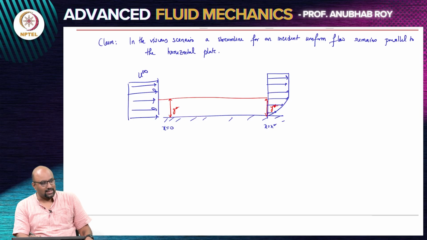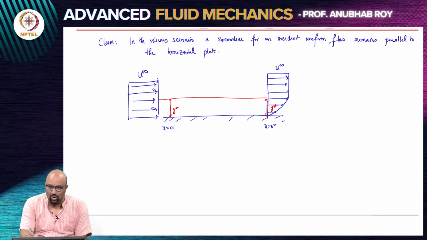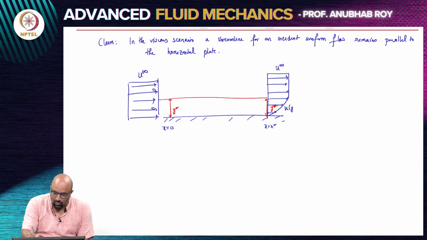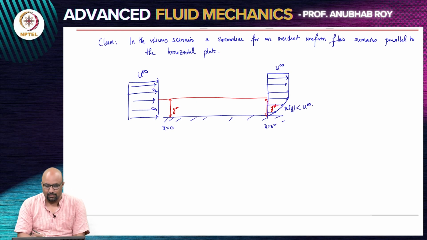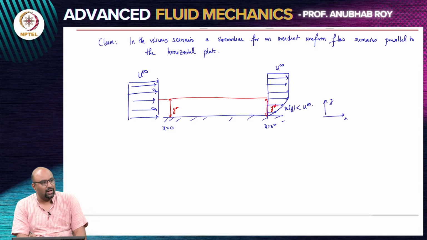So, at x equals x star, I have a velocity profile where far away from the plate it is u infinity, but close to the plate the u at some y is smaller than u infinity. If this is x and this is y coordinate, then due to the slowing down, the fluid will be moving at a speed that is less than the incident uniform flow.